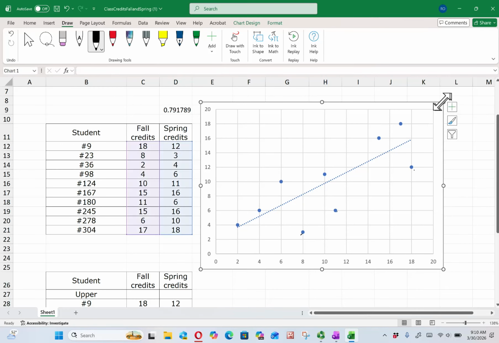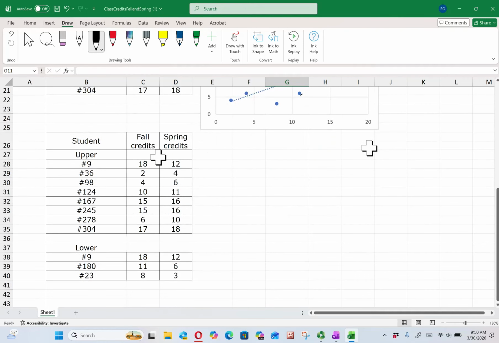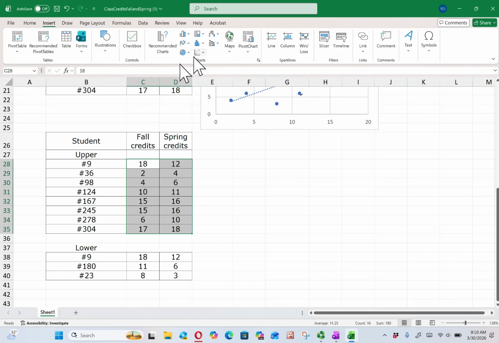If we redo the graph, and this time, and there's data down here, it's split. This is the upper group. And I'm going to put in a plot for that. Insert.